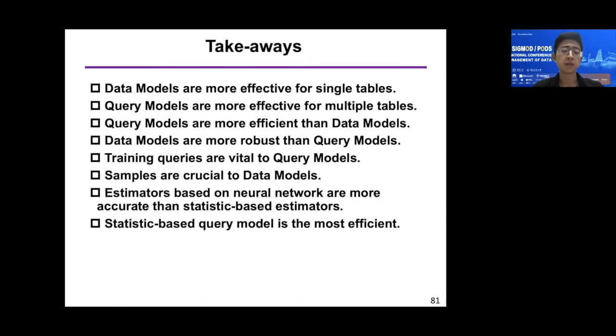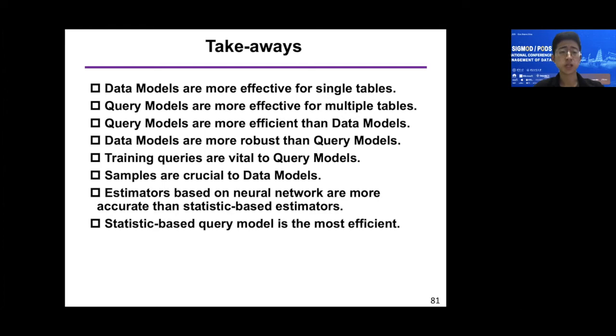So in conclusion, for cardinality estimation, the data models are more effective for single tables. Query models are more effective for multiple tables because the sampling time for the data models is too time-consuming. And query models are more efficient than data models, especially for the learning of the data distribution model.